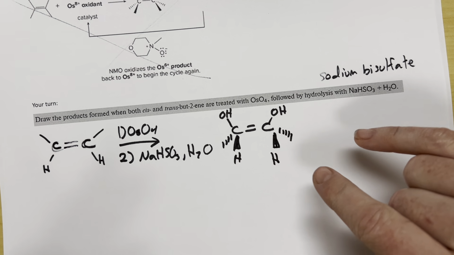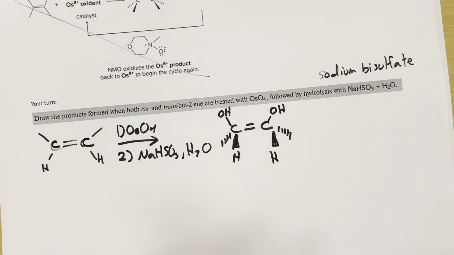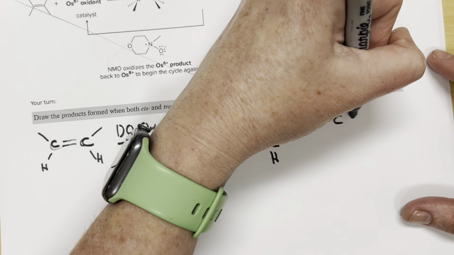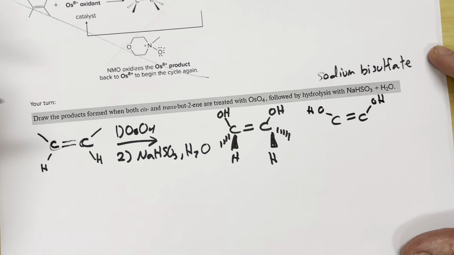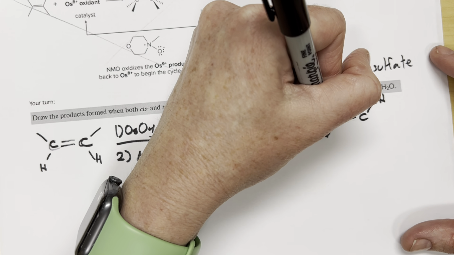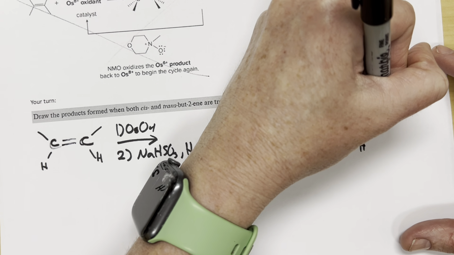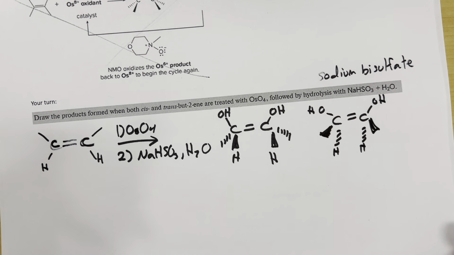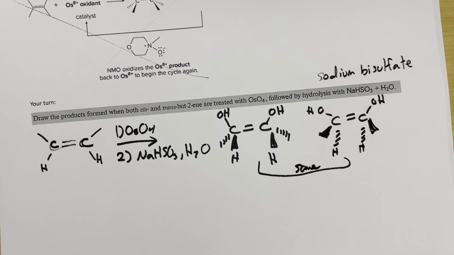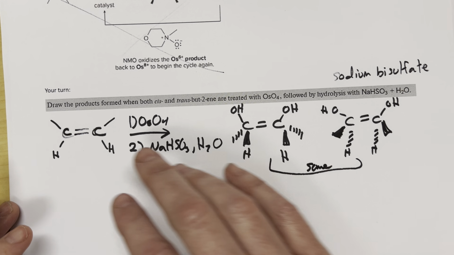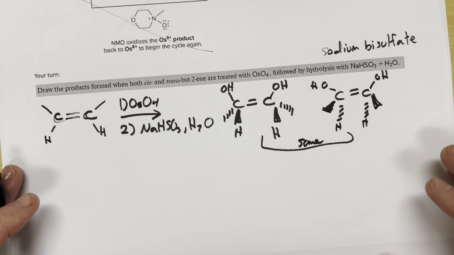Now, if you got an enantiomer, for example, the methyl group and the H flipped around, it would still be the exact same thing because this is a meso product. So, for example, these are identical. I didn't think this was too crazy. You're adding oxygen, and everything goes cis the way you would plan it to.